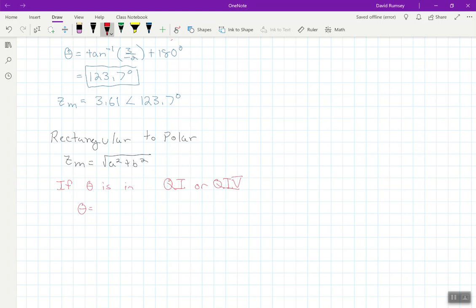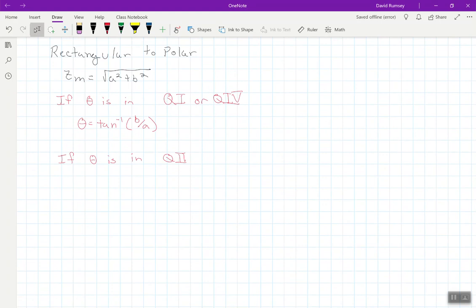If theta is in quadrant 1 or quadrant 4, then theta is simply equal to the inverse tangent of b over a. If theta is in quadrant 2, theta is the inverse tangent of b over a plus 180 degrees.